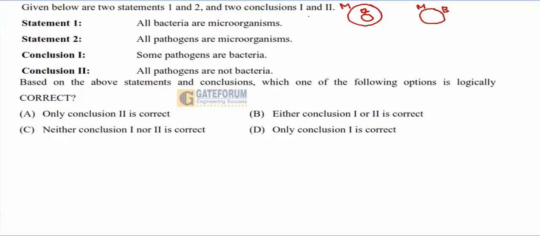Statement 2, all pathogens are microorganisms. So we can say that, you see, these are microorganisms, these are pathogens, and likewise this is microorganisms, these are pathogens. Now we need to combine all of them.